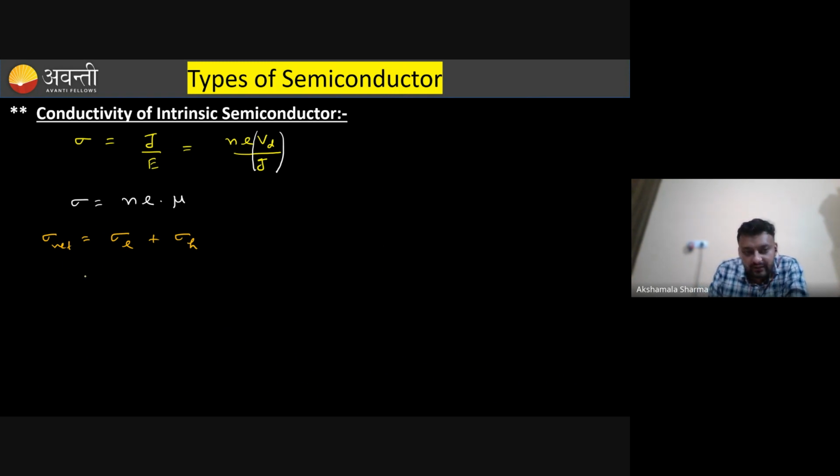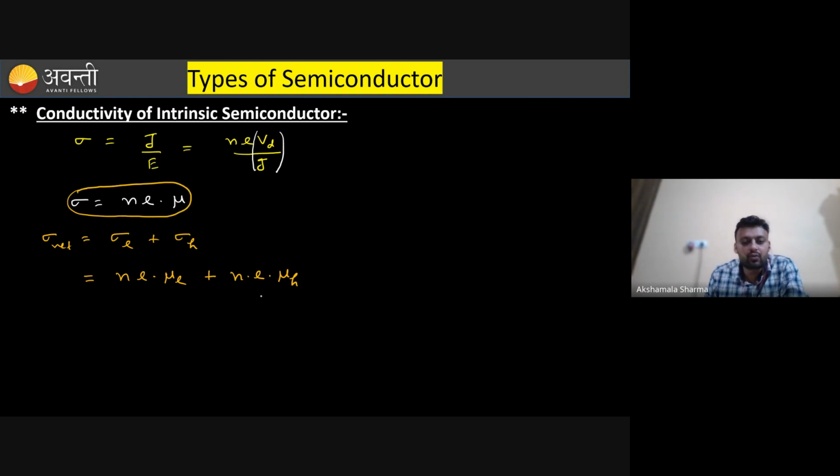So conductivity due to electrons is what? N E into mu E plus N E into mu H. Clear? What I have done? This is the formula for conductivity. I have placed it for electrons and placed it for holes.